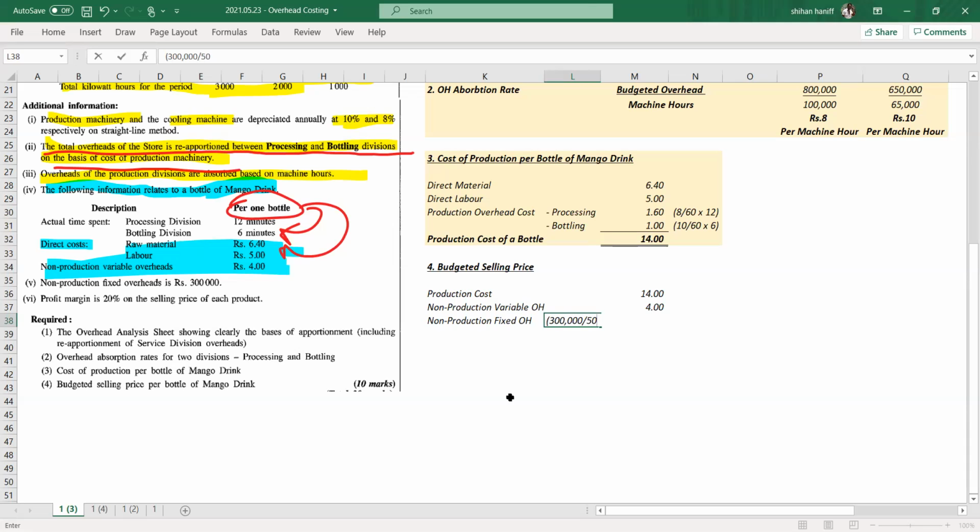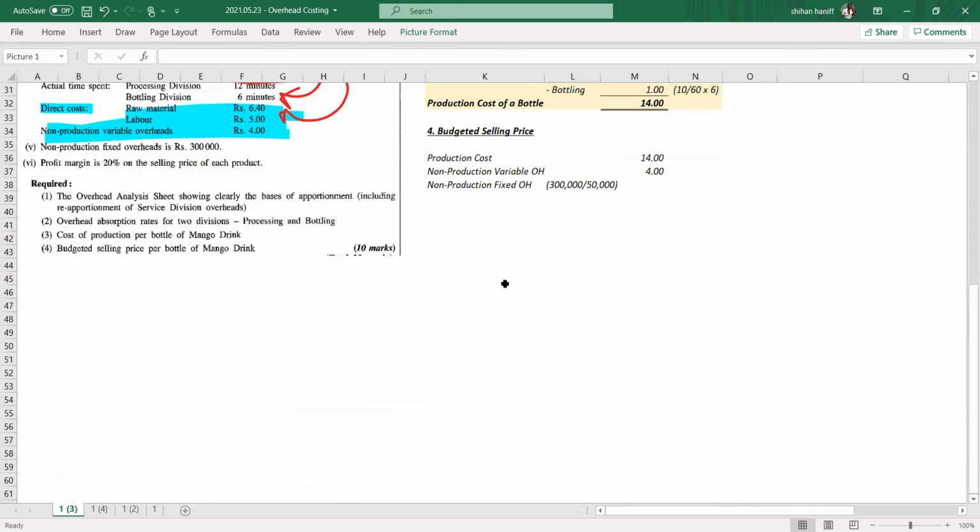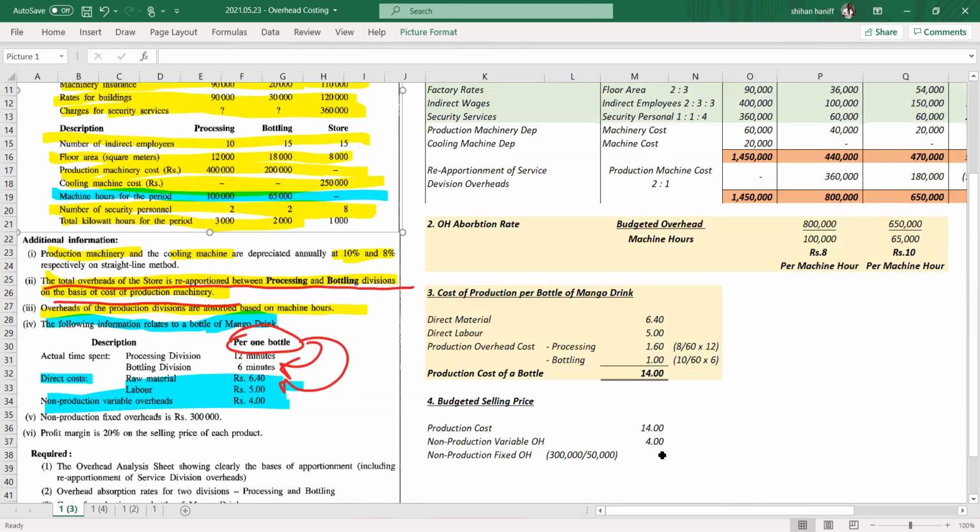At the beginning itself, they are given the level of 50,000 units. So 300,000 for 50,000 units means per unit the cost is 6 rupees.